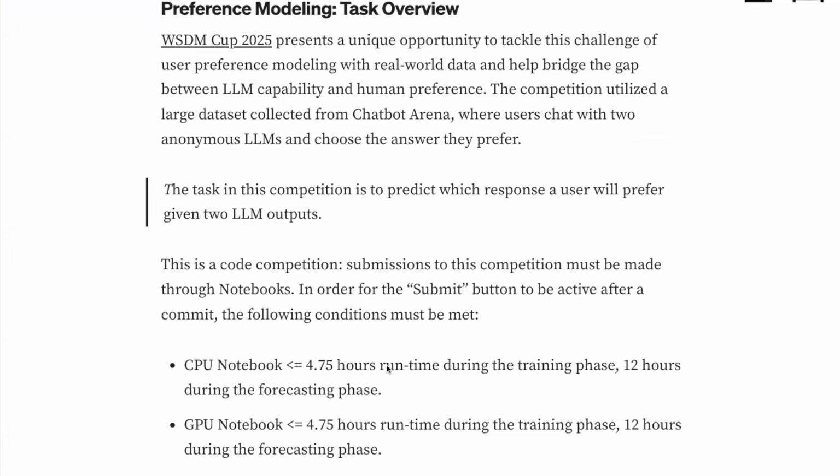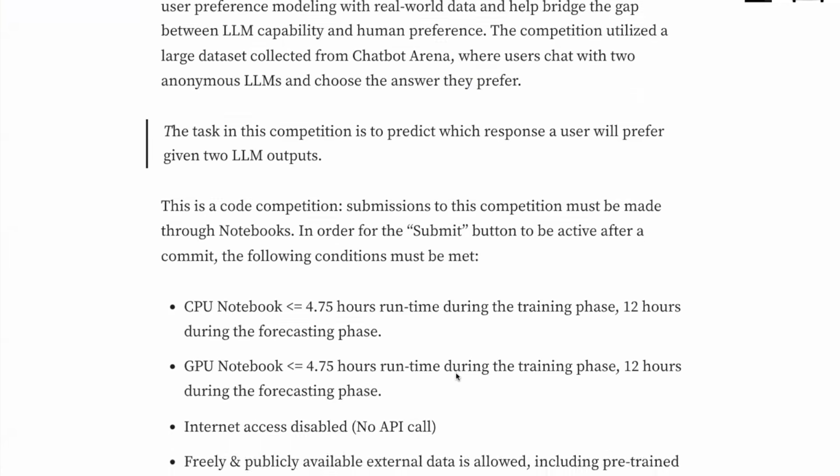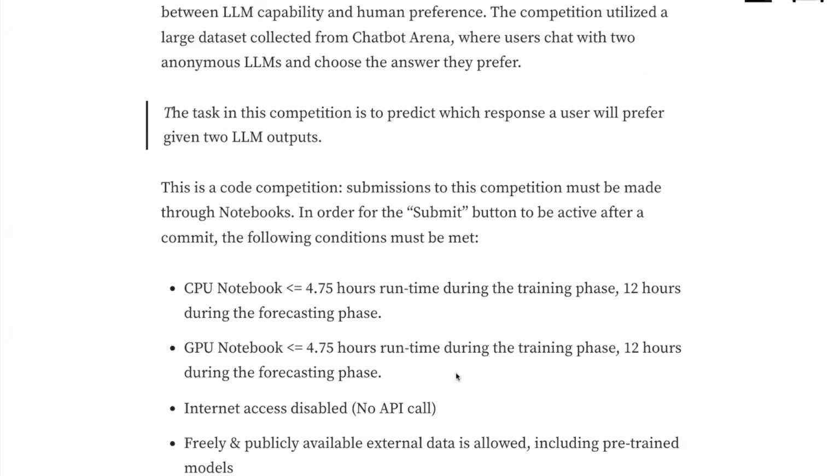Another interesting thing about the competition is that it is also a code competition. I think it's trying to limit the training resources and the inference time, to make sure the model is small yet effective, so that people do not just put too many weights into a big model and maybe solve the problem.